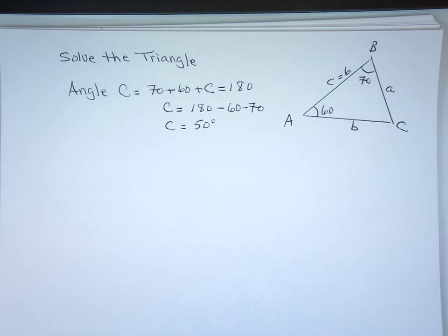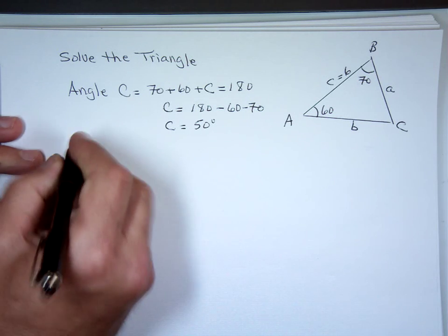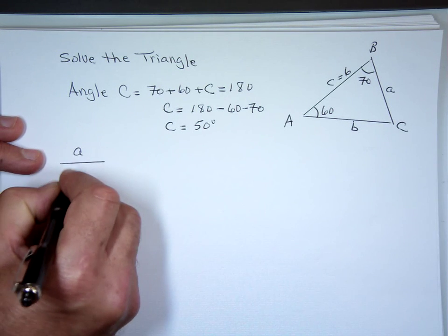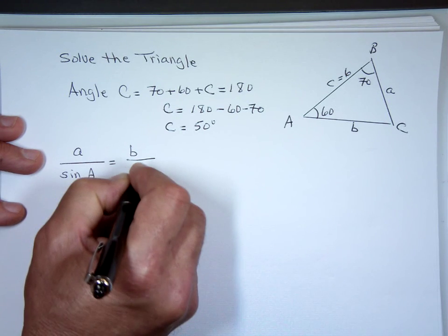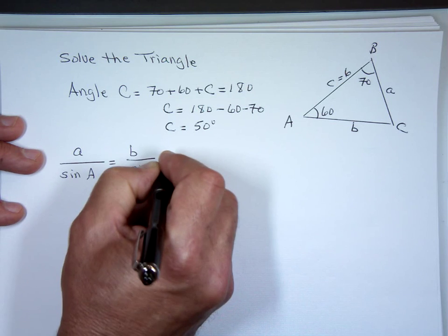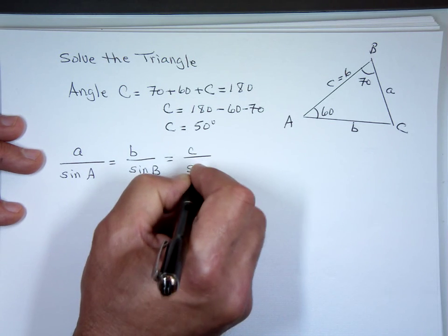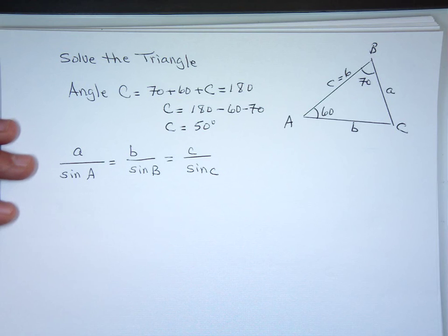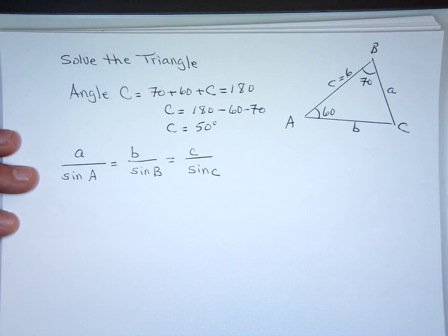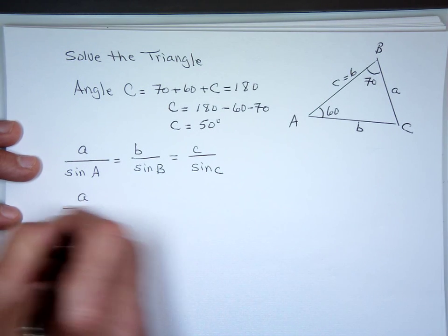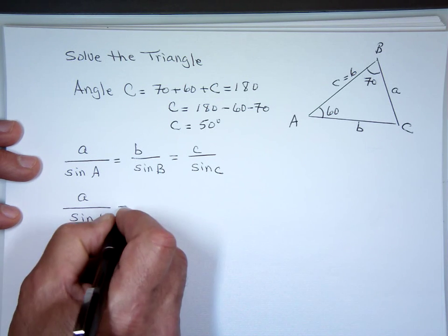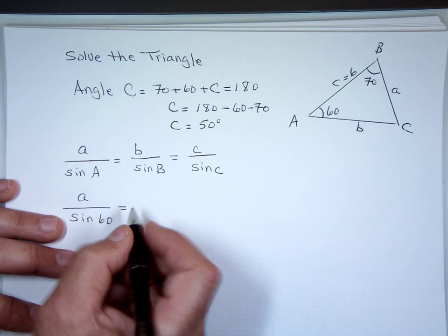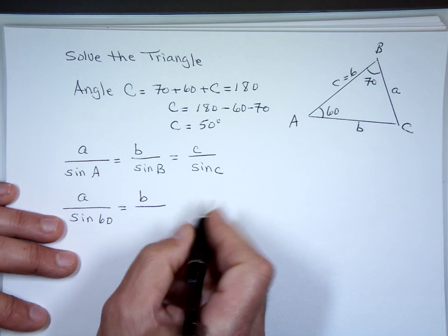Now I need to find side a and side b. The law of sines says a over sine of A should equal b over sine of B, which should equal c over sine of C. a is unknown, but sine of 60 here should be the same as b, which is unknown, over what?